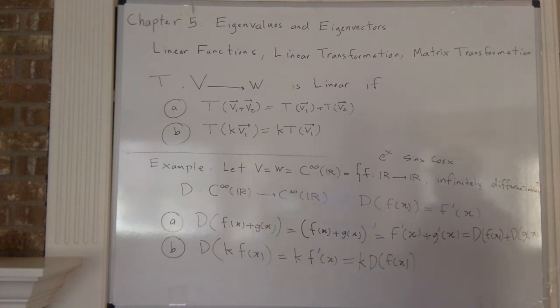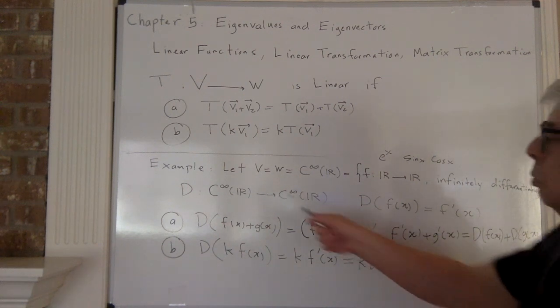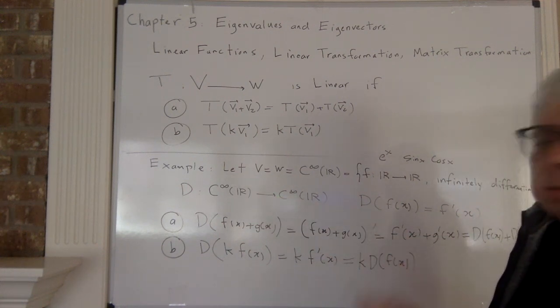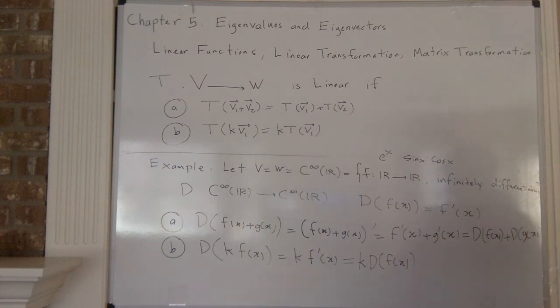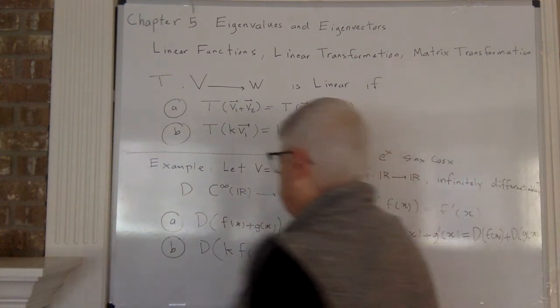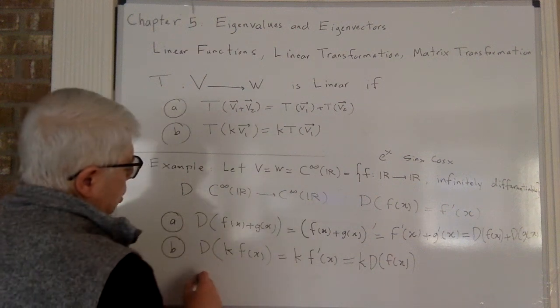So d, or the derivative, is a linear function. A linear function from C infinity R to C infinity R. We can bring this down to, let's say, Cn to Cm or whatever, but for safety, I just took infinitely differentiable. So d is a linear function, or a linear transformation.